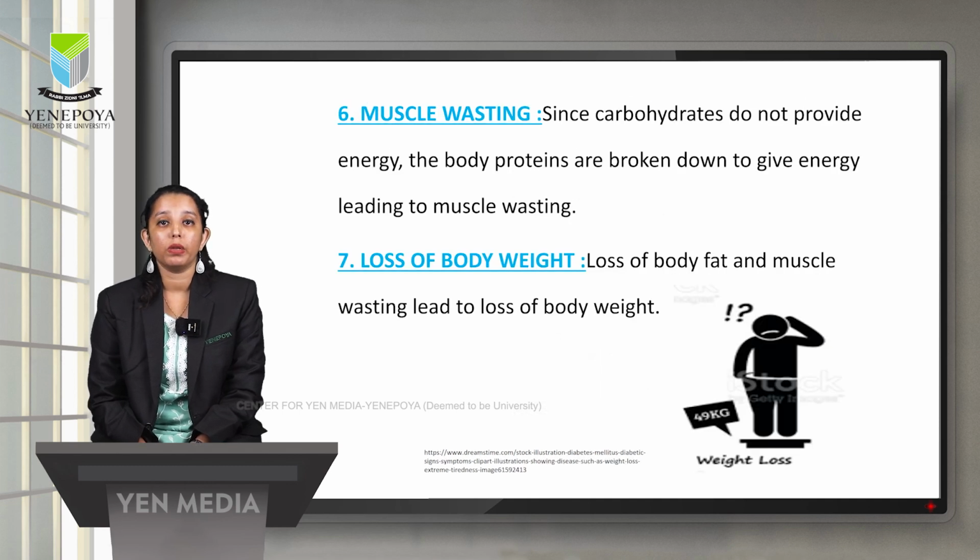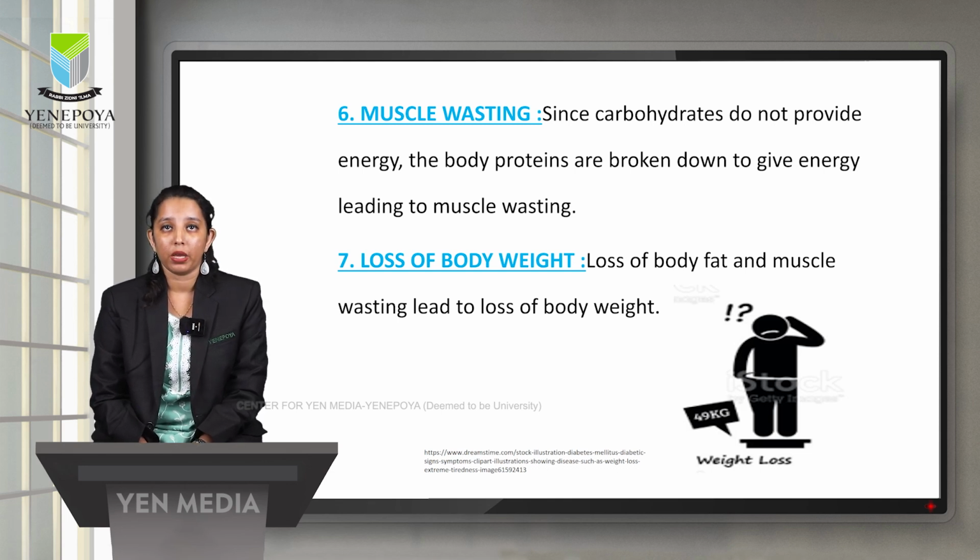Muscle wasting. Normally carbohydrates produce energy and the other nutrients are there for body maintenance. Since carbohydrates do not provide energy in diabetic people, the body proteins are broken down to give energy, leading to muscle wasting.